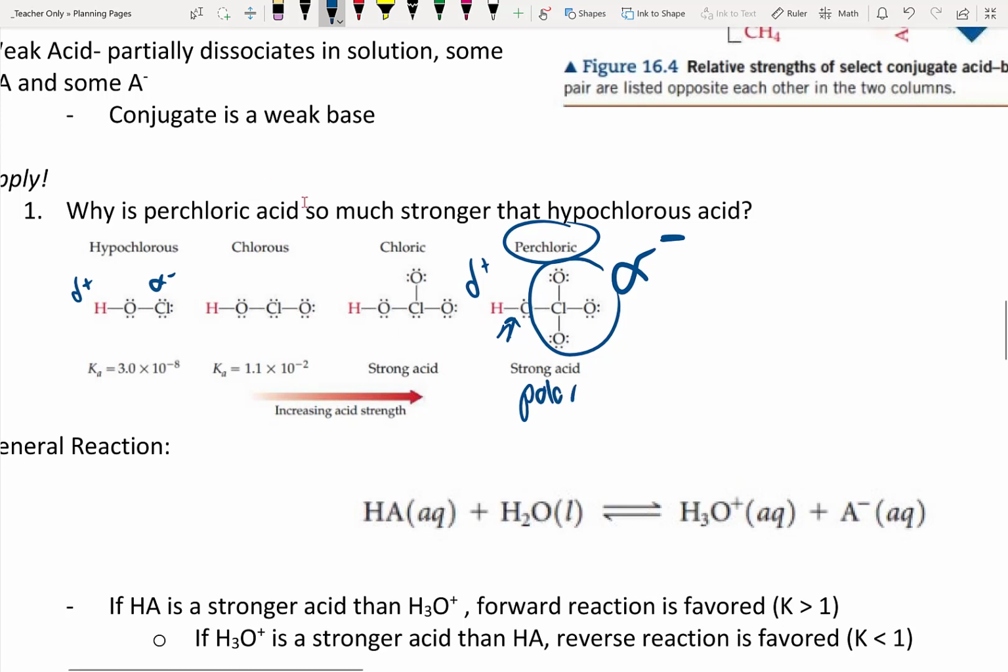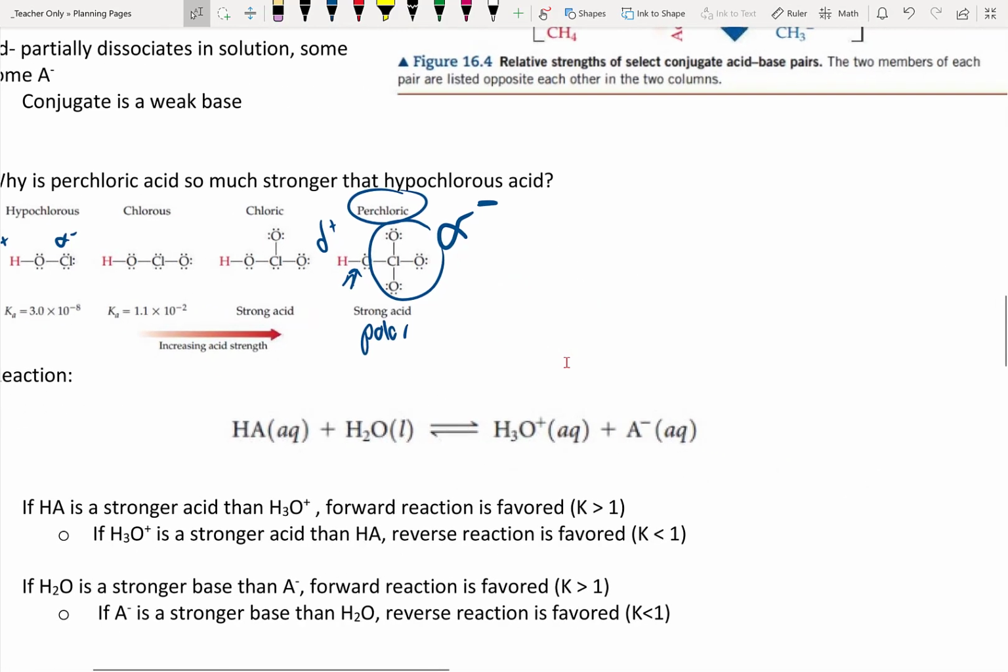All of that electron density is going to be over here on the perchlorate ion rather than on that H+. So because of that difference in charge, it makes that H+ a lot easier to remove. If it's easier to remove that hydrogen ion, then it's going to be a stronger acid. Okay, so it's all down to electronegativity.